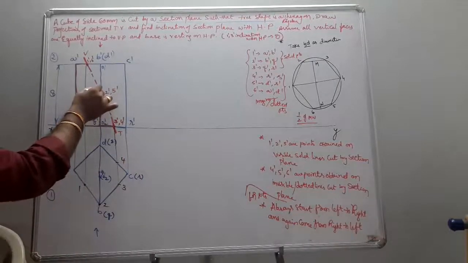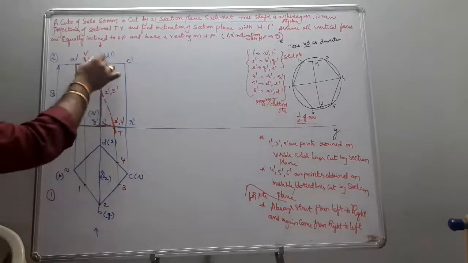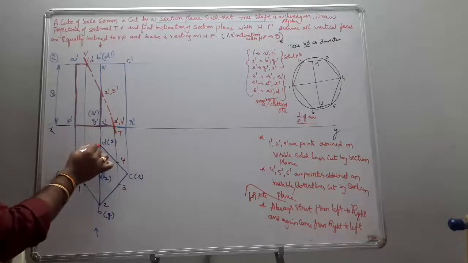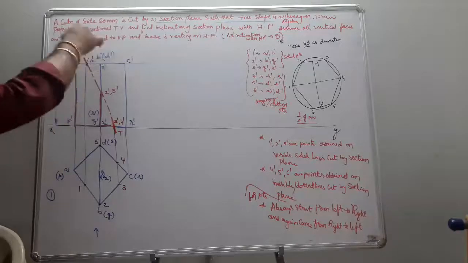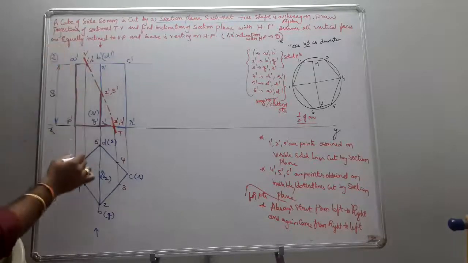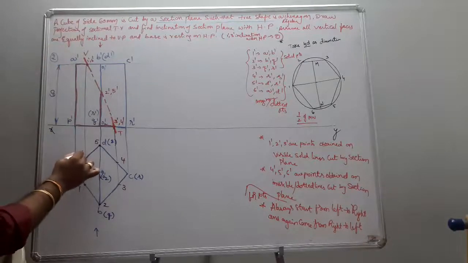The 5th point is on DS. This becomes 5. The 6th point is again obtained on the PA. So this becomes your point 6. Now join all the points.